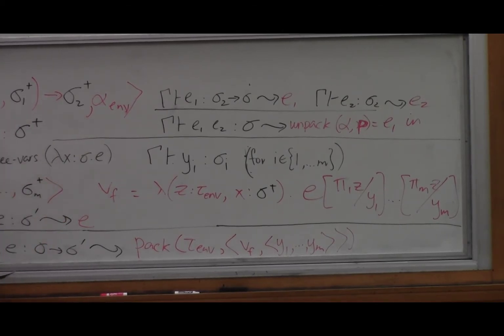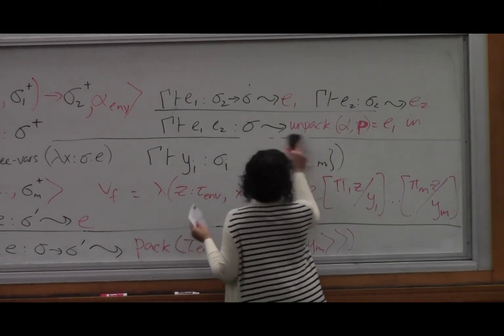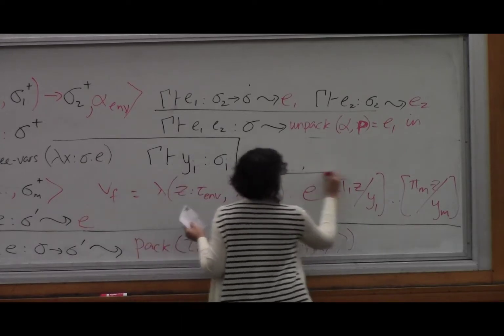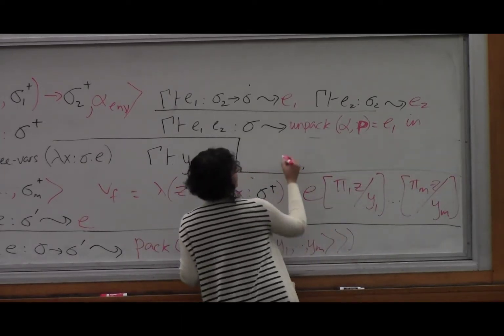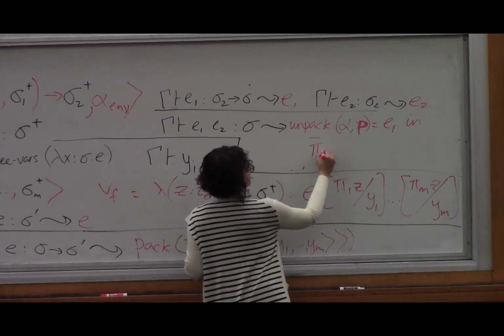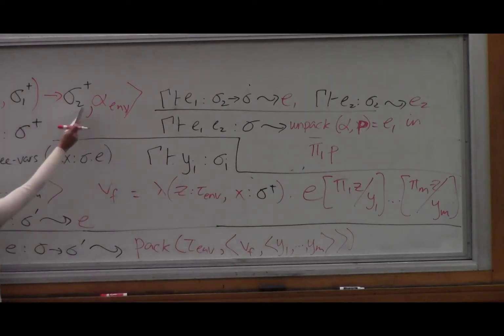Notice that the way I will have to use my function is to provide it with exactly that environment first, and then with its argument. So we take our pair and project out the first thing. This gives us pi1 of p, the function.